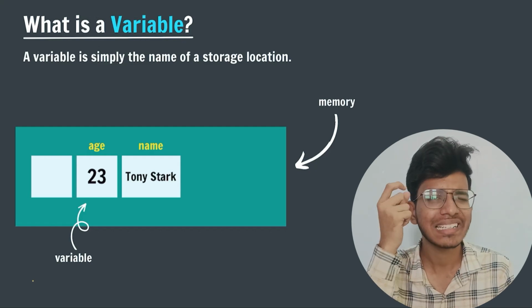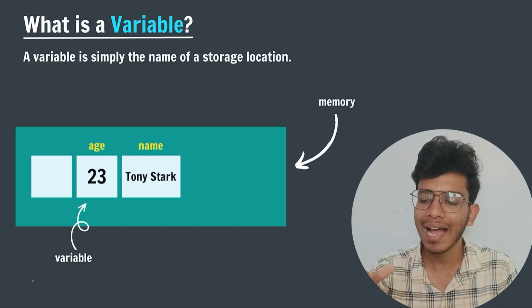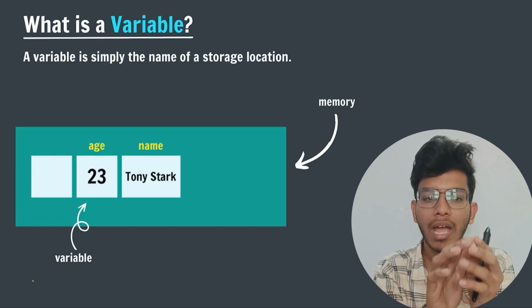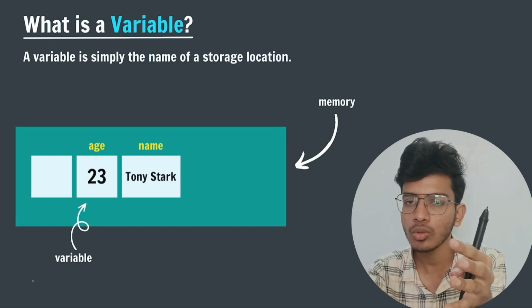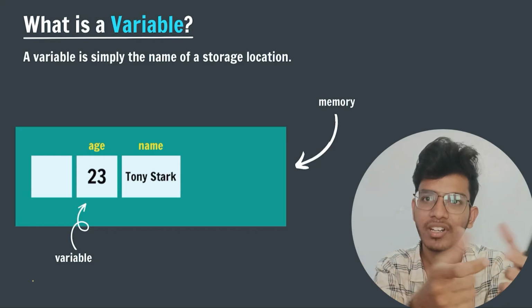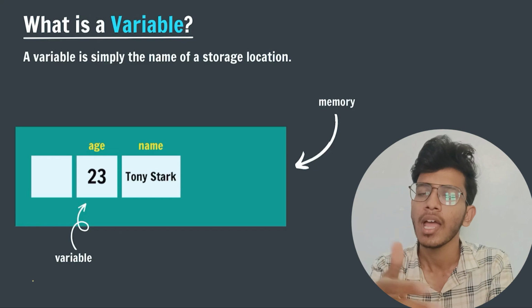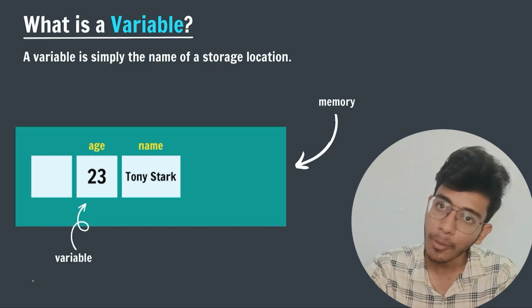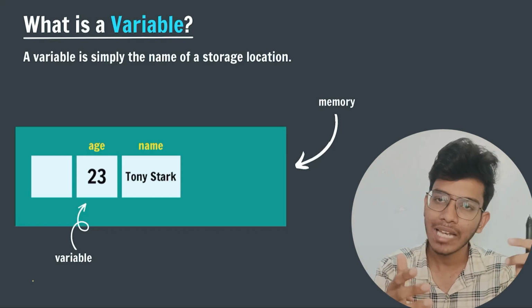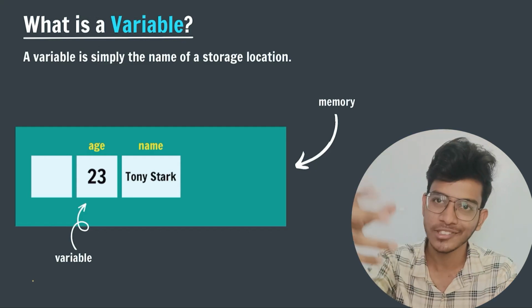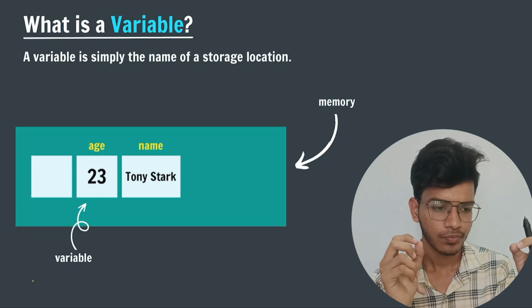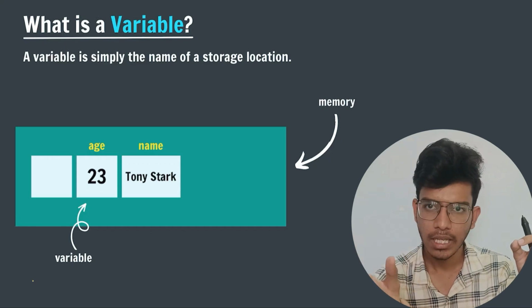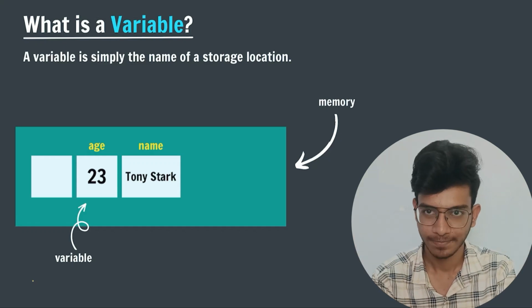Now if you're not getting a clear idea, you can imagine it as the earth, right? We have earth. On earth we have land, right? And land is distributed into different parts, different square parts, rectangle parts, and each land is owned by someone, right? On land we build our houses, we build our hospitals, right? So let's say we have a house.